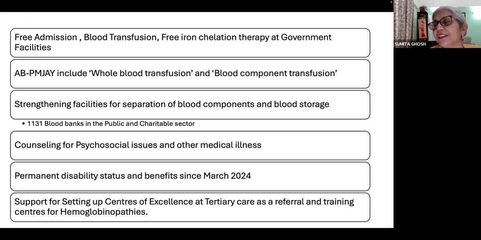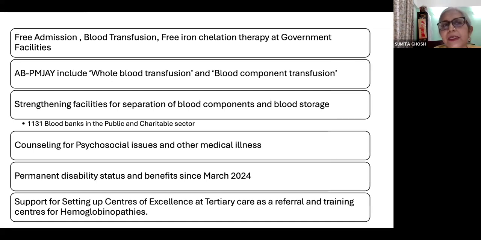Actually, the sickle cell mission was announced last year, and under that a lot of point of care screening has been done, a lot of capacity building has happened, and lab setups and screening diagnostics have been improved. So we think thalassemia screening also will ride on the back of the sickle cell mission, and in the very near future we can see a major jump in screening.